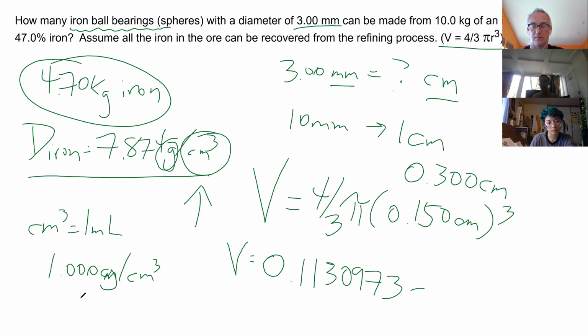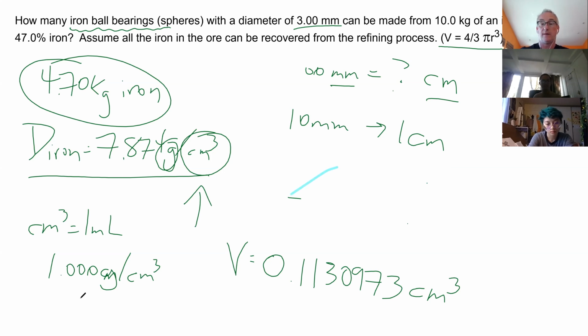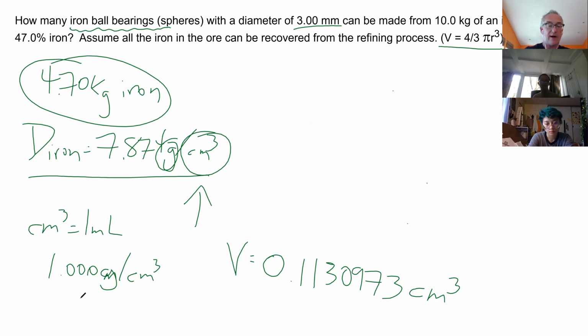Cubic centimeter. Right. Now, it's going to be real important to keep track of what my units are, because we got so much going on in this question. We got to make sure we have our units set properly. So I now have the volume of one ball bearing. So what is my mass times the density of one ball bearing? I'm going to make sure I have the proper units, though.